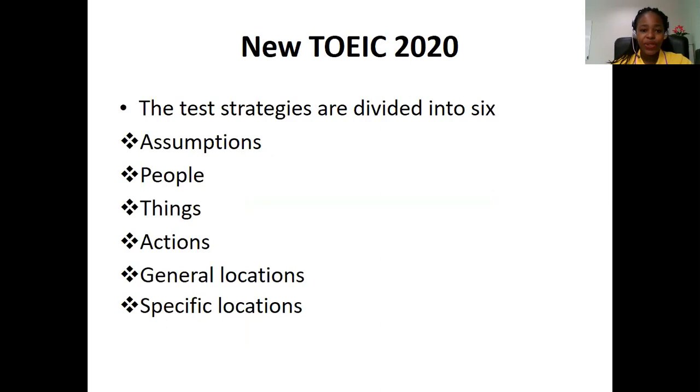In the new TOEIC 2020, the test strategies are divided into 6: assumptions, people, things, actions, general locations, and specific locations. So basically, we've looked at all these assumptions in the previous part, but I'm going to highlight a few things here.